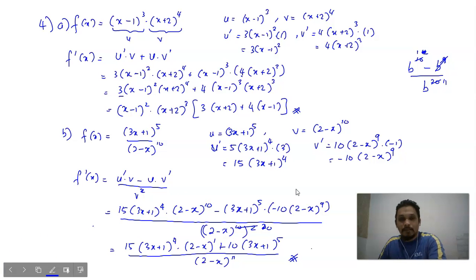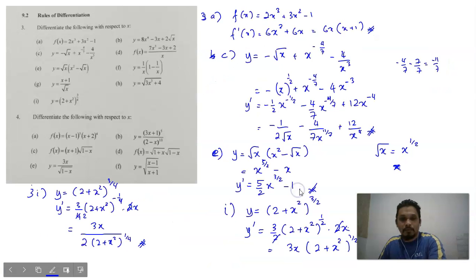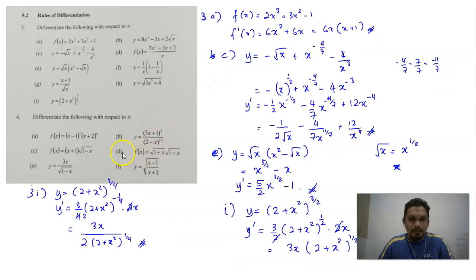Okay, class, for question D, treat this like we solved question number 4a, the product rule between these two functions. Just imagine that y equal to (1 plus x) to the power of half multiplied with (1 minus x) to the power of half.